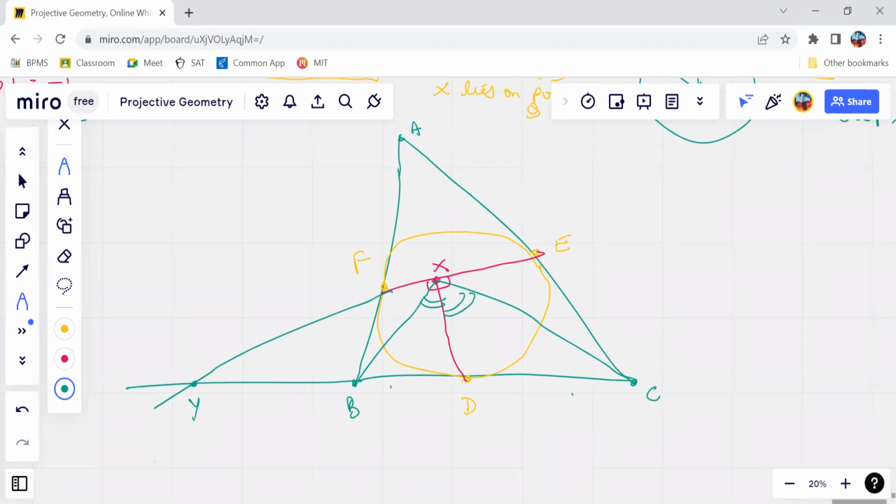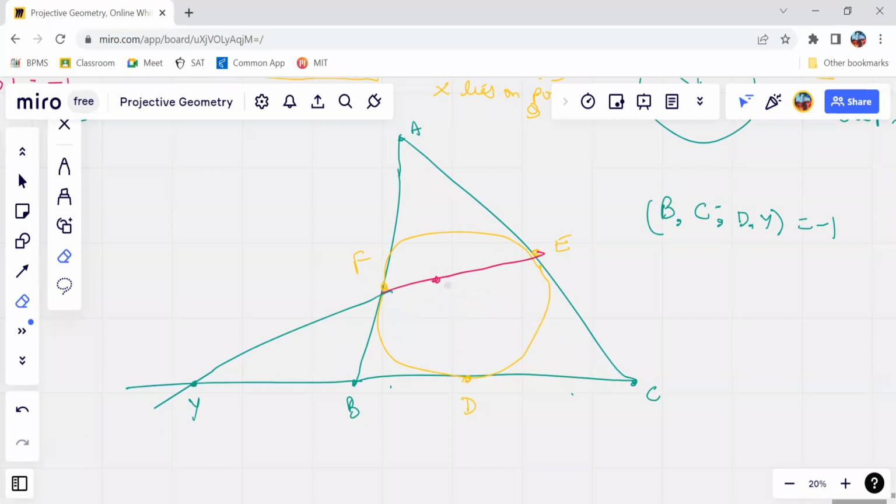So by the lemma that we did with angle bisectors and harmonic conjugate, if we can prove that cross ratio BC DY is -1, then we can get this angle bisector thing. So this point X is actually not relevant. We just want to show this. And how would we do this?